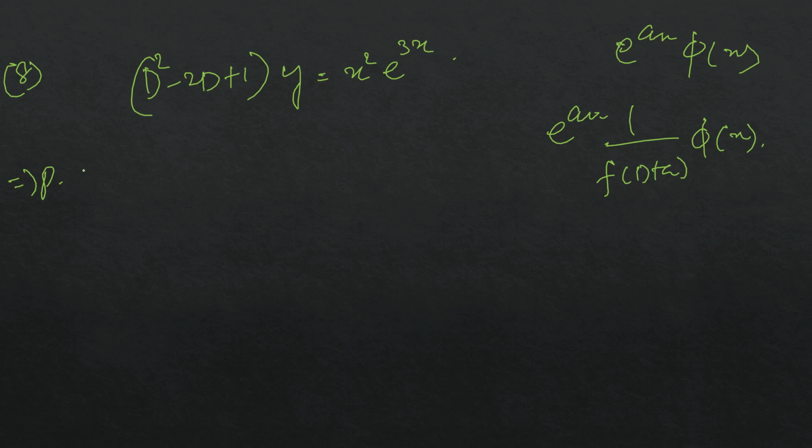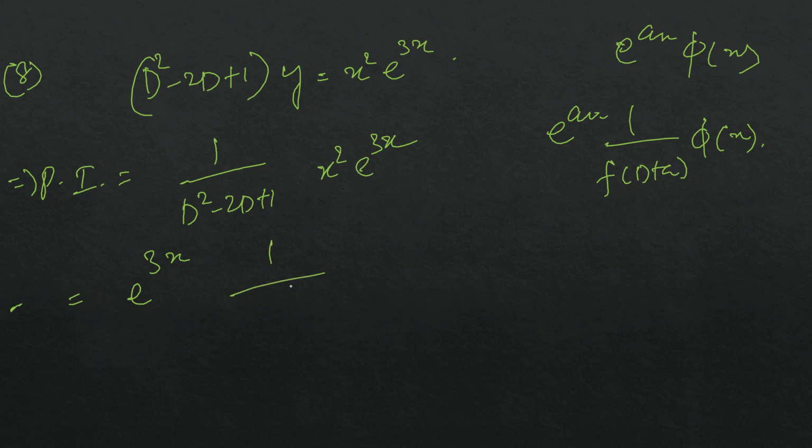So the particular integral is equal to 1 by D square minus 2D plus 1, x square e to the power 3x. That is equal to e to the power 3x, 1 by D plus a, that means D plus 3 whole square minus 2 times D plus 3 plus 1, x square.